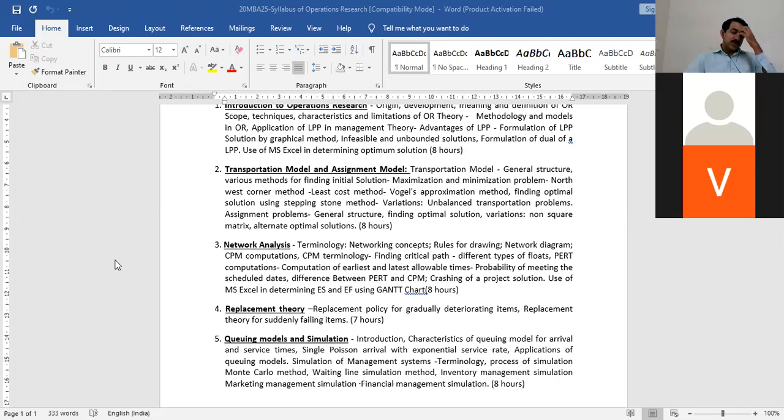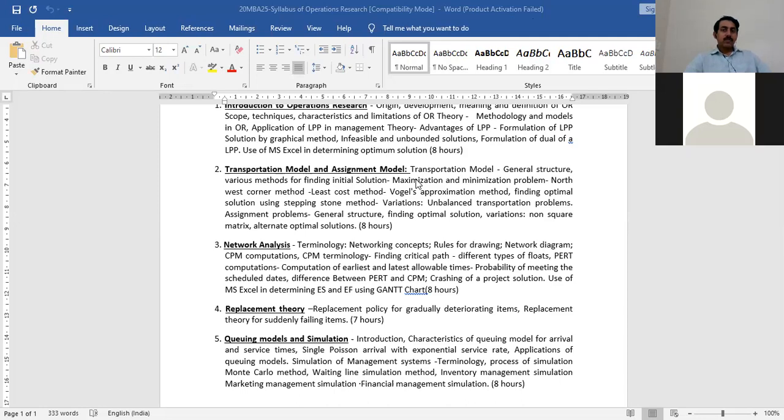What happens is they prepare a smaller prototype, a smaller version of the aeroplane, and once that succeeds, they go for a bigger version. So this is about simulation. Simulation basically tries to create an artificial environment, and in that artificial environment, different inputs are given to the system.